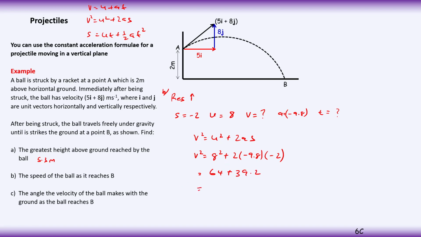And when I add them together, I get 103.2. That's V squared. V is the square root of that, and that's going to be 10.2 meters per second.